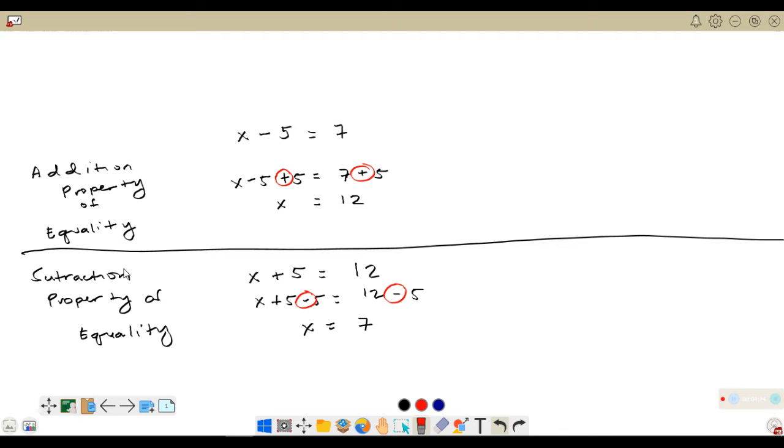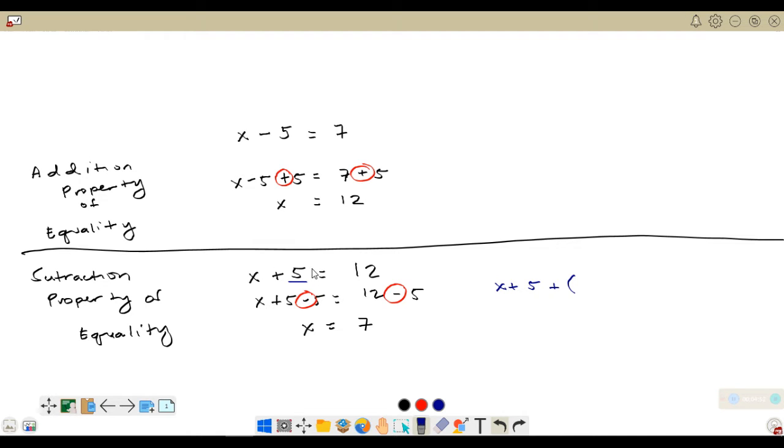Sabi ko nga, itong subtraction property of equality, hindi natin siya madalas ginagamit na term, though lagi natin ginagamit yung process. Ang tawag din natin dito ay addition property of equality because you can also represent it this way, x plus, and then you will be adding the inverse of your real number to be eliminated. So, ang real number na kailangan natin i-eliminate dito ay 5.